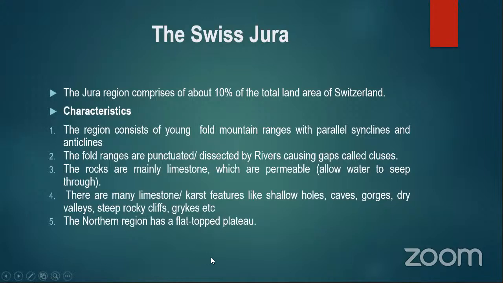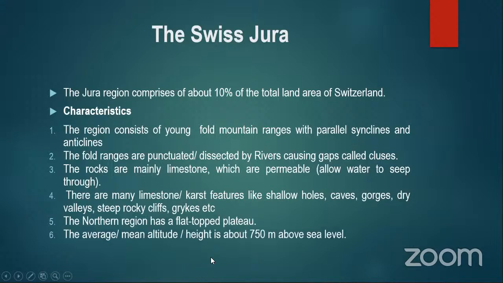And characteristic number 6 is that the average or mean altitude is about 750 meters above sea level. When you compare to East Africa, this one is like a lowland. That is the height of Jura above sea level.